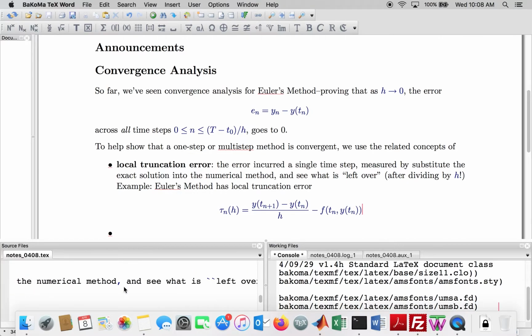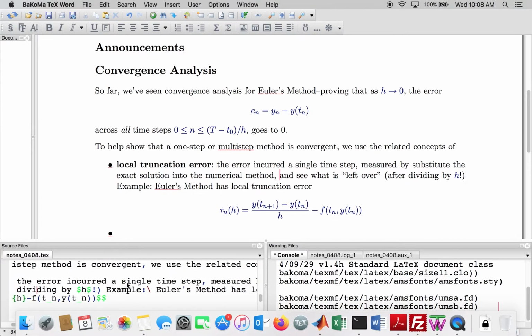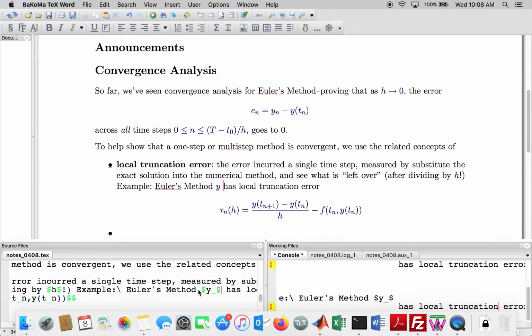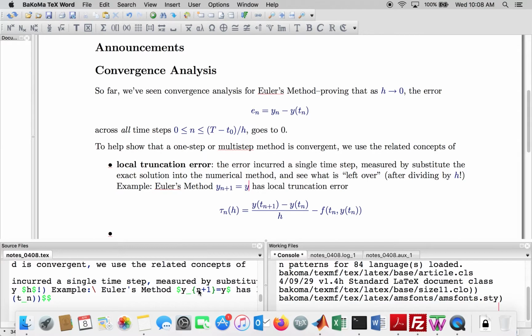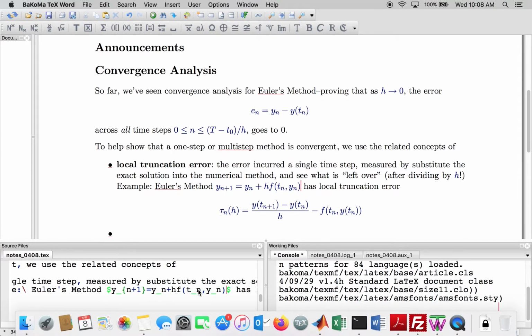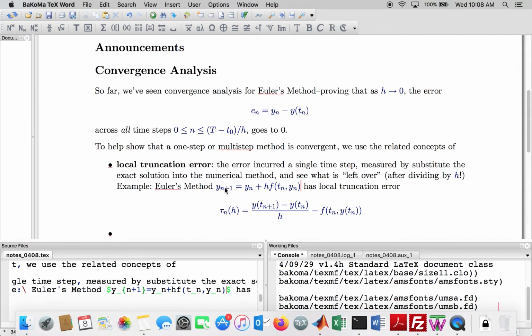All right, so Euler's method, which is yn plus 1 equals yn plus hf of tn, yn. So I substitute the exact solution in for y, move everything onto one side, divide by h, and this is what we get.